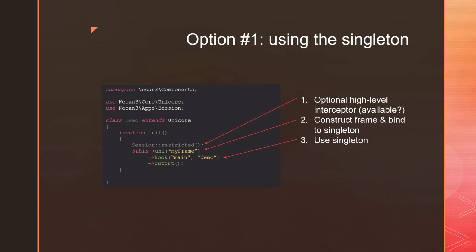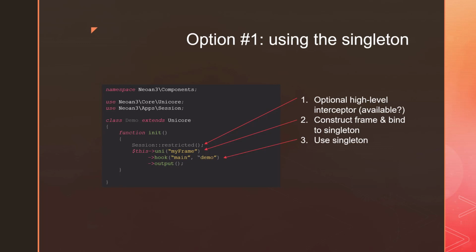So that is why it's shown here as a possibility: before you load anything, make particular decisions, set particular variables, whatever needs to be done before the frame is initiated.